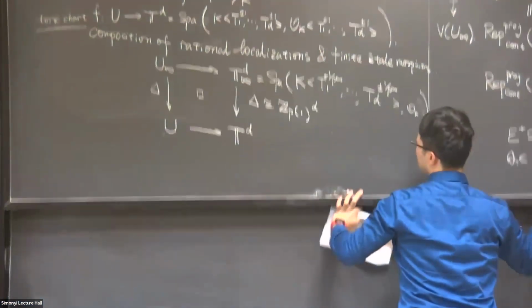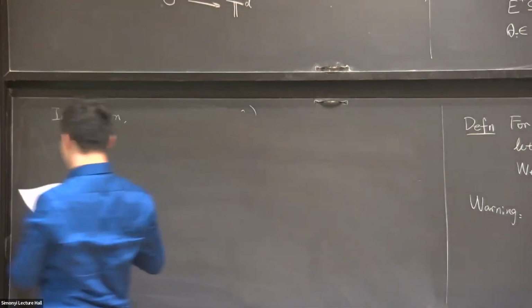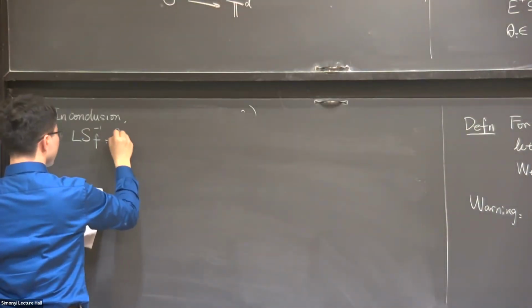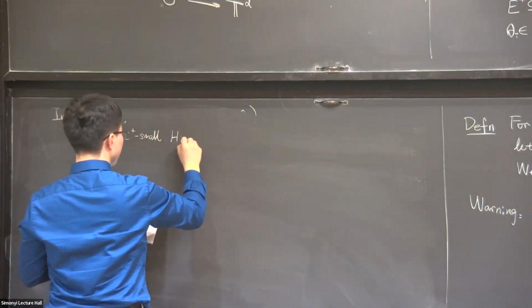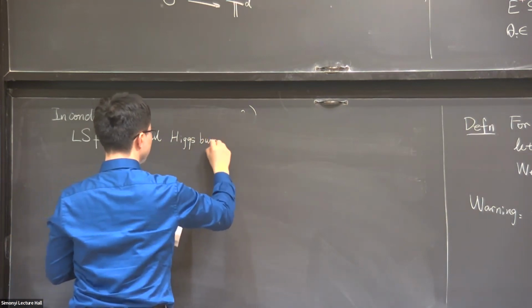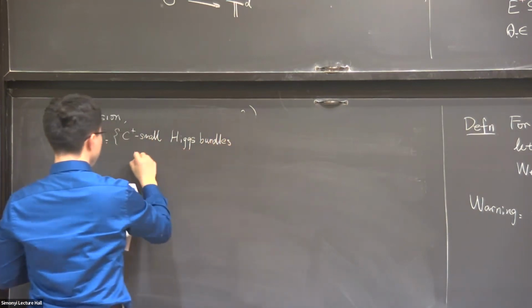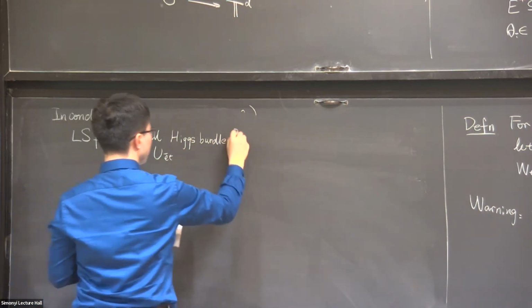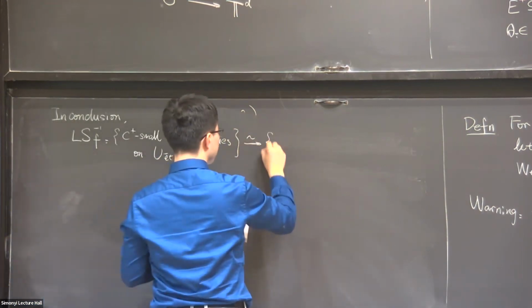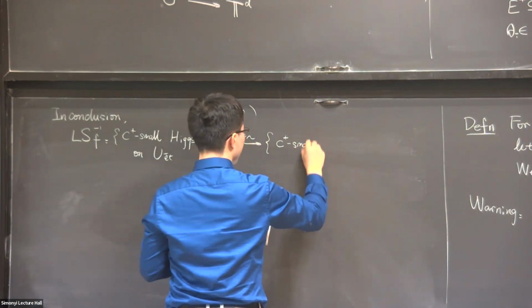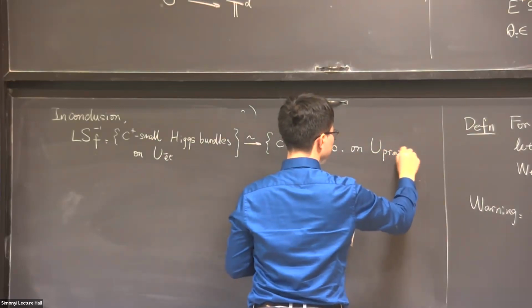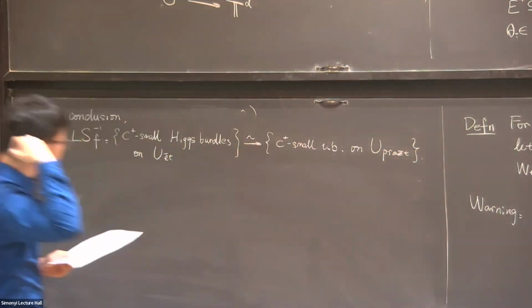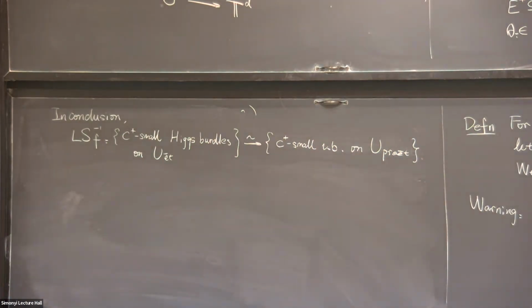So on this toric chart, we have a local Simpson correspondence from our C+ small Higgs bundles on U-étale to C+ small vector bundles on U pro-étale. Okay. Any questions?